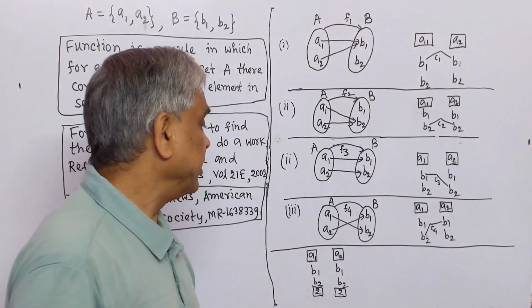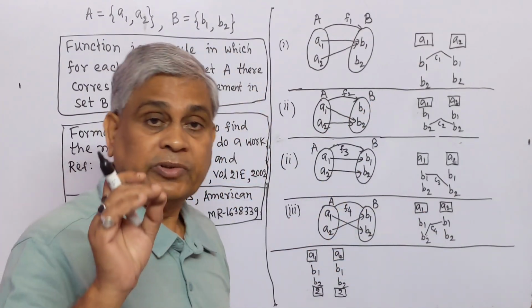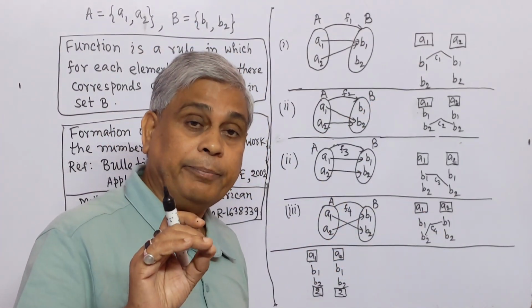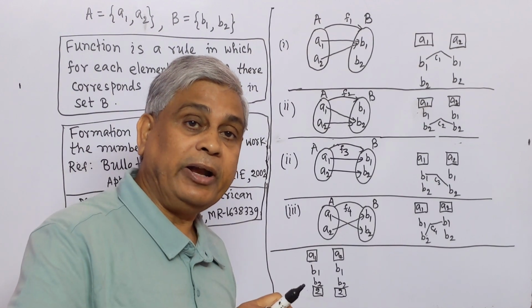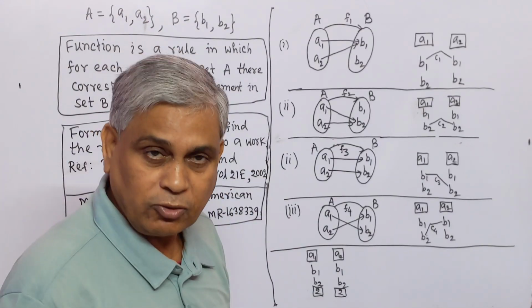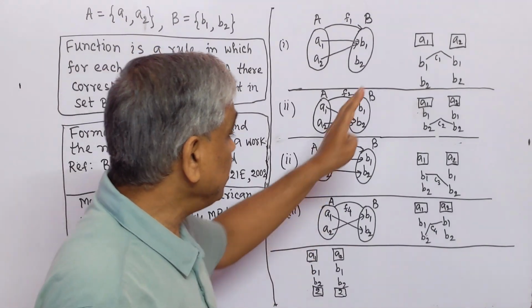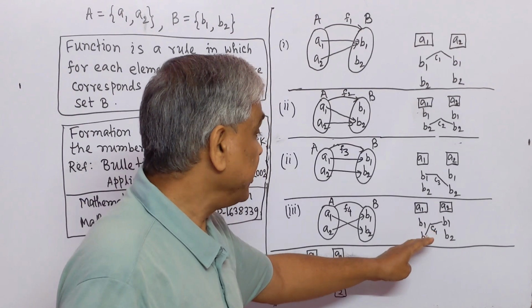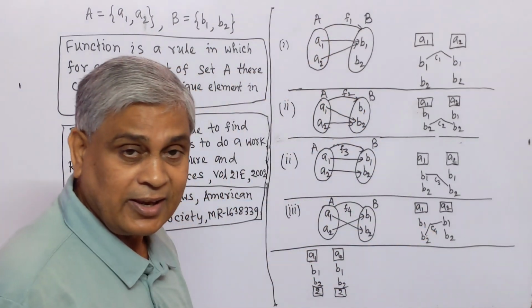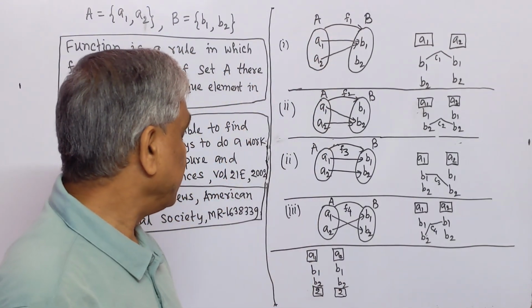Similarly, we get the number of possible curves, here 4, such that each curve cuts one element of the first column and one element of the second column. This is the property of the curve. So the number of possible curves represents the number of functions. So here we get 4 functions.